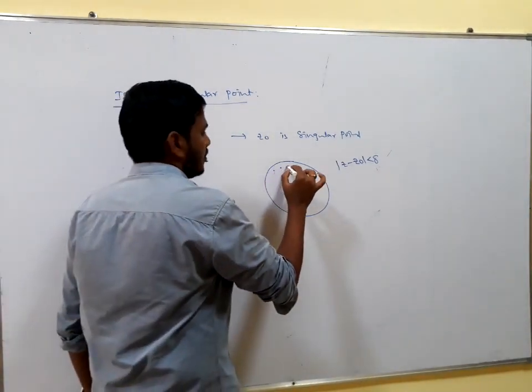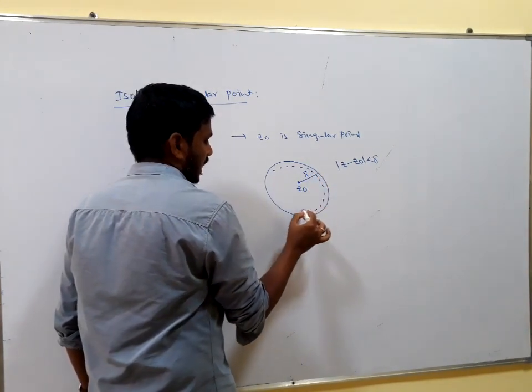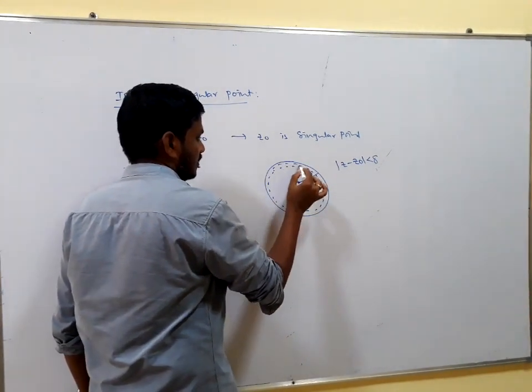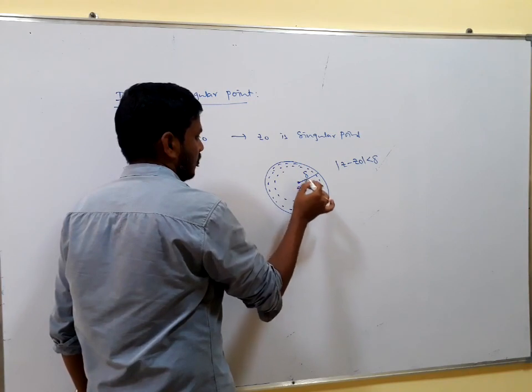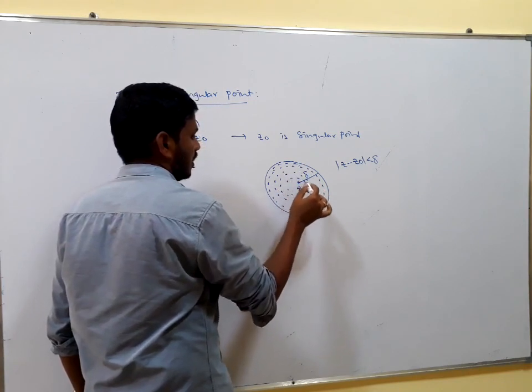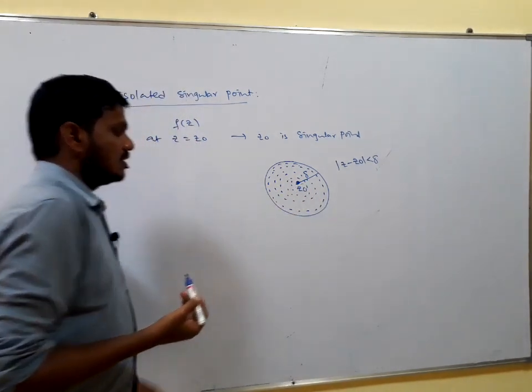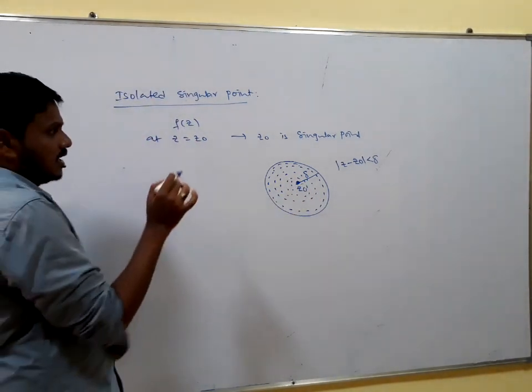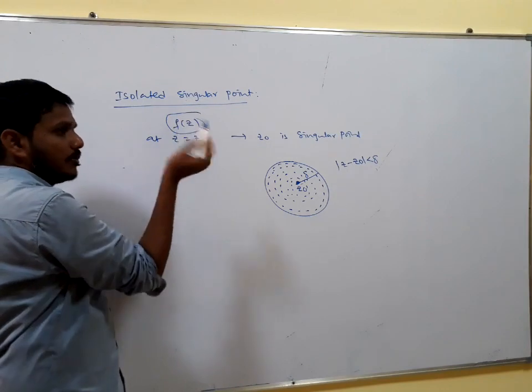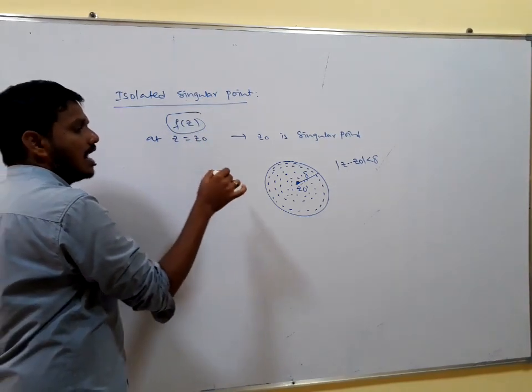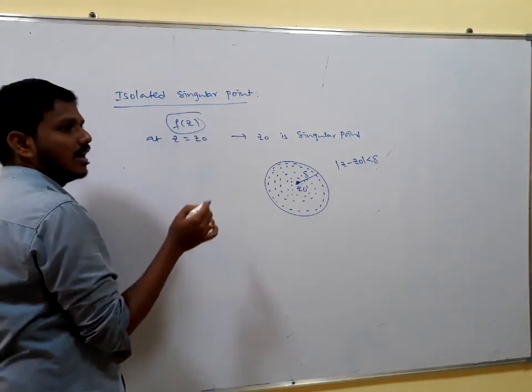In the neighborhood of z naught we have an infinite number of points. Except z naught, the function f of z is analytic in the delta neighborhood of z naught.